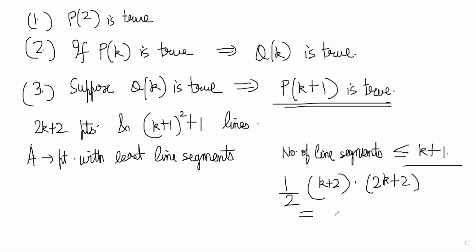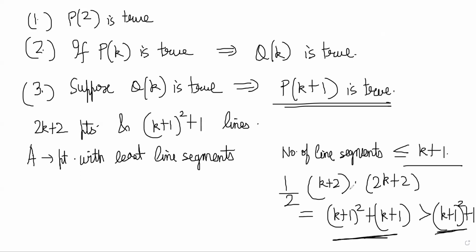That comes out to be k plus 1 whole square plus k plus 1. And that is greater than k plus 1 whole square plus 1. So if A had k plus 2 line segments connected to it, the total number of line segments of the whole figure would be bigger than what we have assumed, k plus 1 whole square plus 1. So the number of line segments for A must be less than or equal to k plus 1.